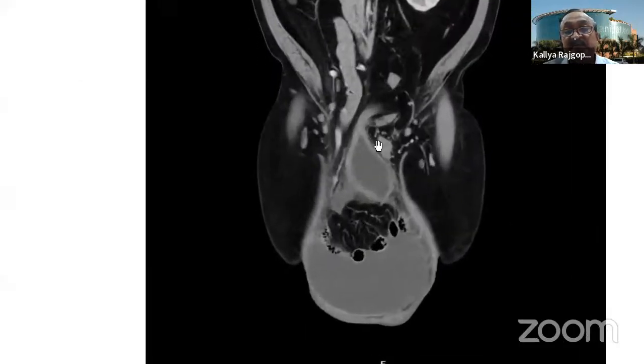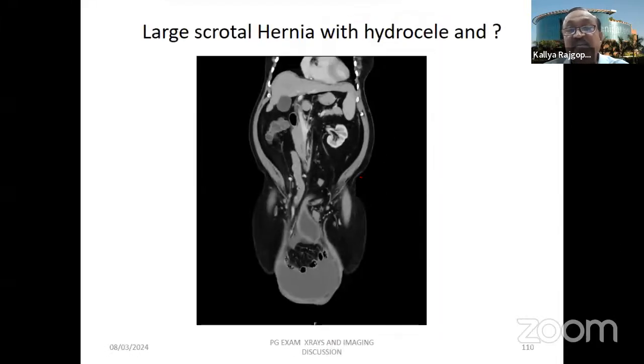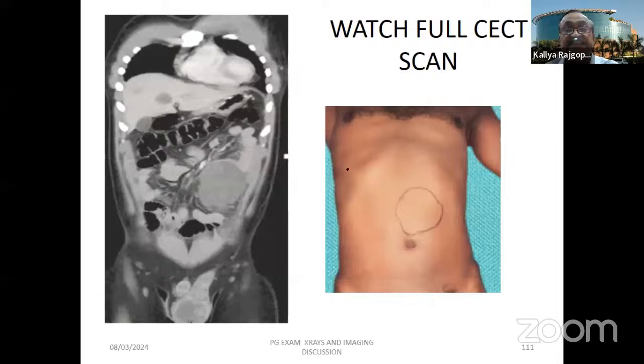You can see the enhancement also here, plus fluid there. And look at the difference here and here. So this is actually, sorry, it's a urinary bladder. And this is a large giant hernia. The bowel is all cocoon-like, with a lot of fluid there, and with the bladder. This is, of course, a classical sliding hernia.